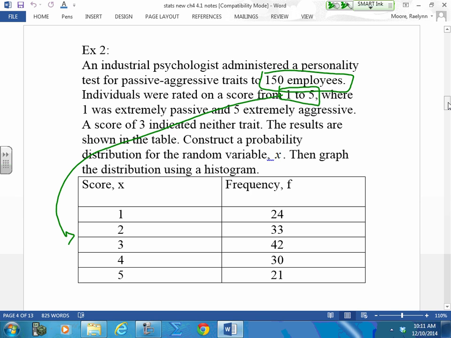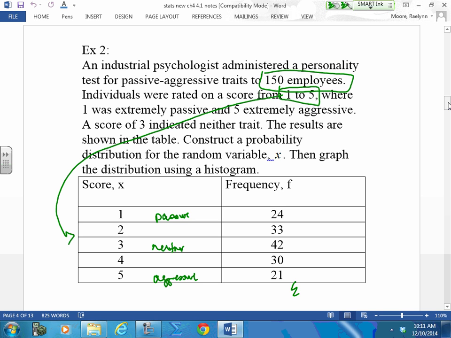You can't get a 0 on this test. 1 being extremely passive, down to 2, all the way to 5 being extremely aggressive. A score of 3 indicates neither trait. You're kind of in the middle. You balance out your aggressiveness and your passiveness. These results are shown in this table.